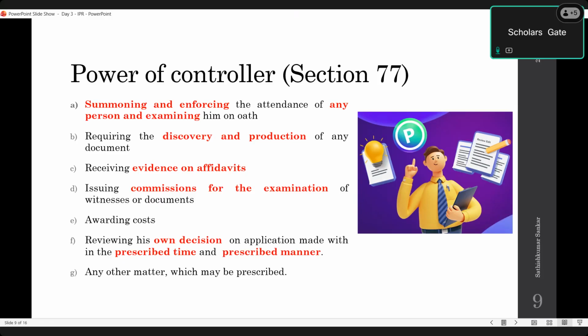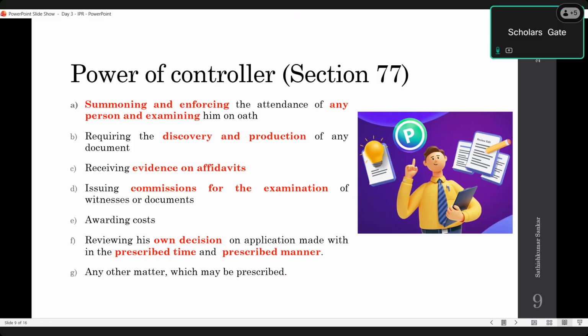The controller can decide that he wants more information, or if some invention involves infringement, at any time the controller can ask any inventor to appear, enforcing the attendance of any person and examining him in his own way. So the controller has the full right to examine any inventor at any time.